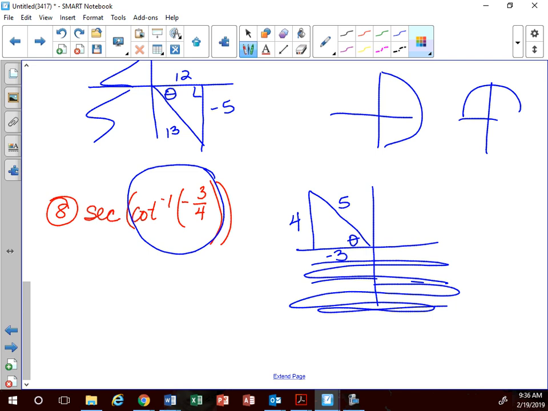Are we okay with the triangle setup? Okay. Then I just need to do secant of that angle. I know that's just cosine flipped. So instead of negative 3 over 5, it's going to be 5 over negative 3. And then you're done. Okay. All right, are we okay, guys?